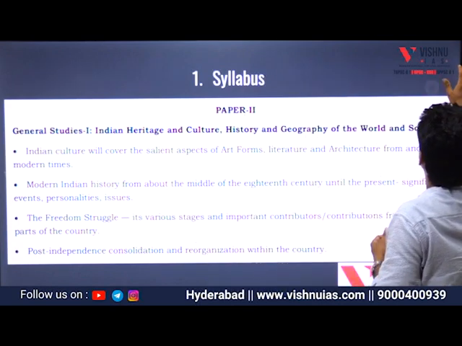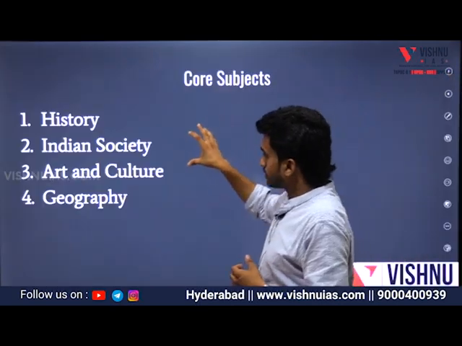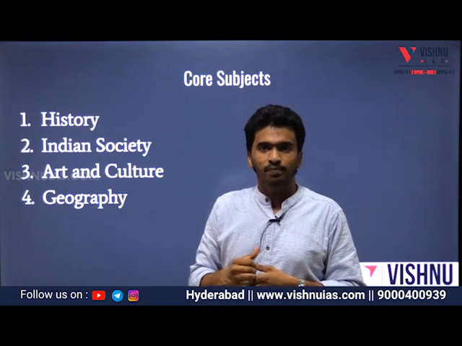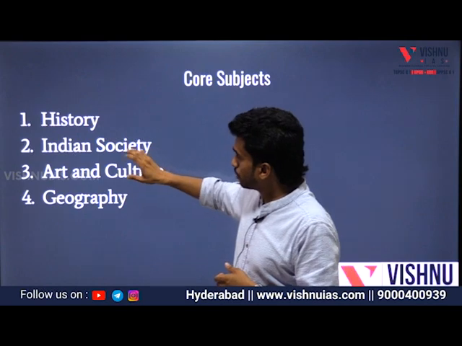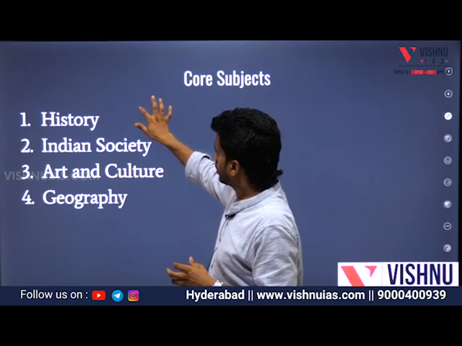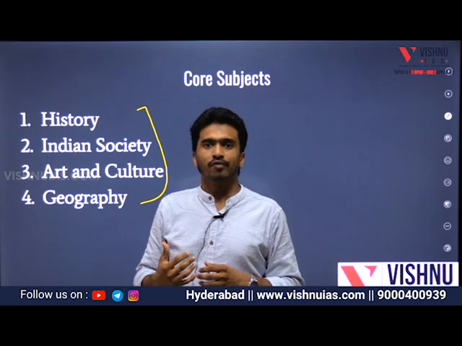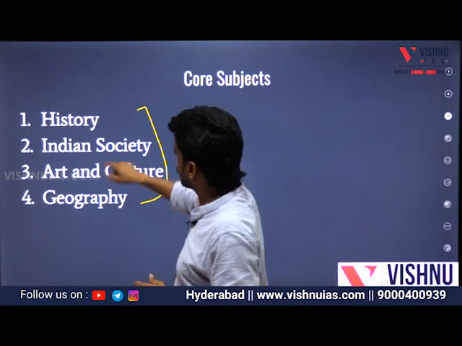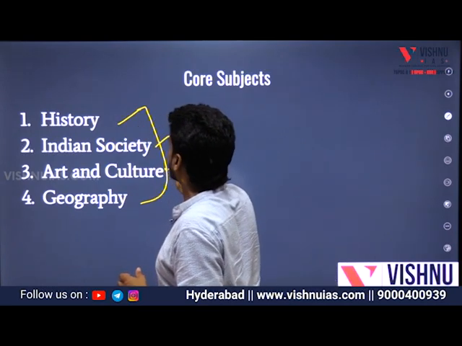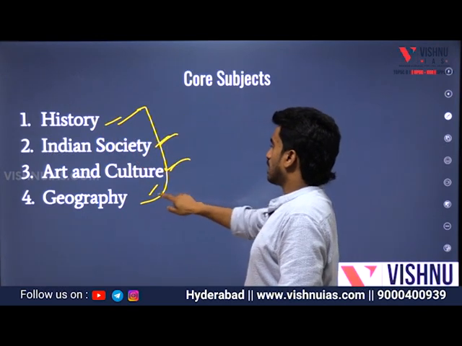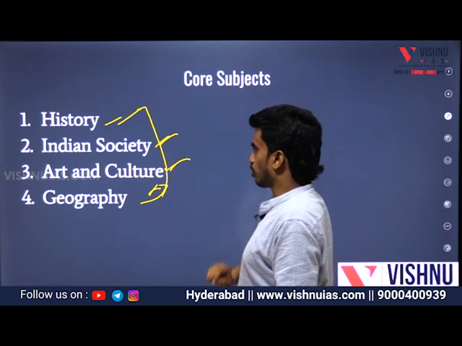Now comes the specific thing about general studies 1, your approach for writing a good answer in general studies 1. You might know there are 4 subjects. The bullet points we can put into these 4 subject headings: history, Indian society, art and culture, and geography.